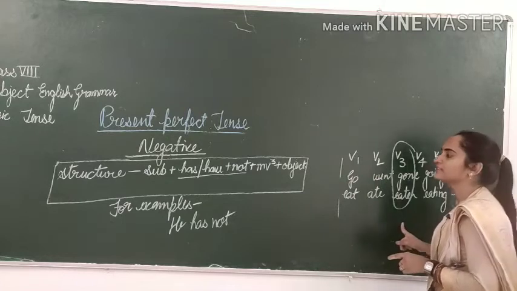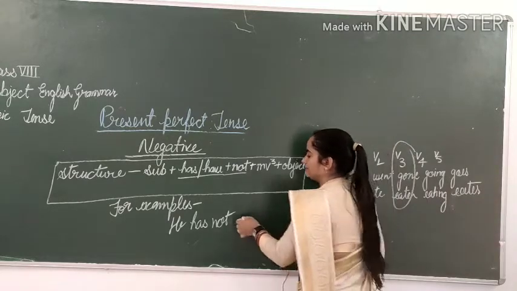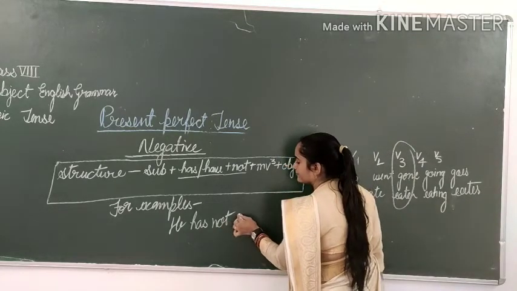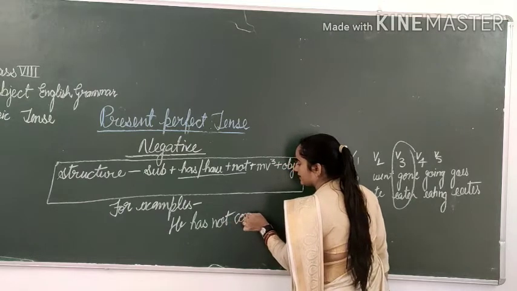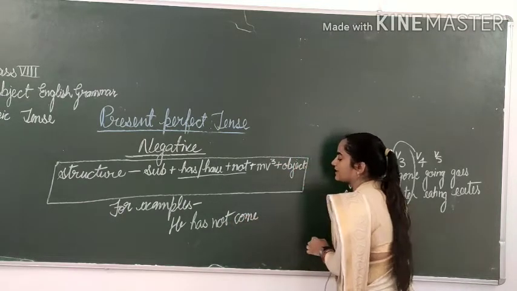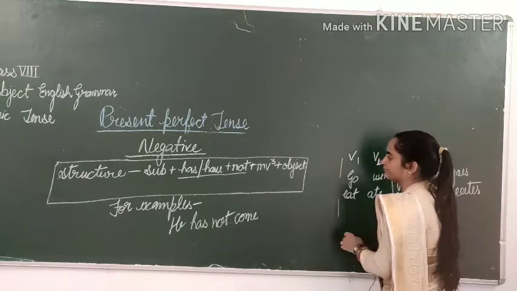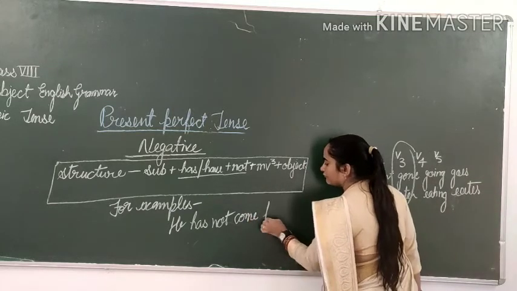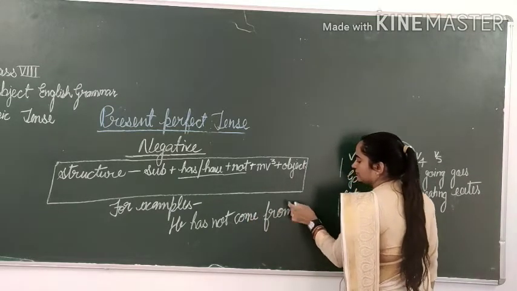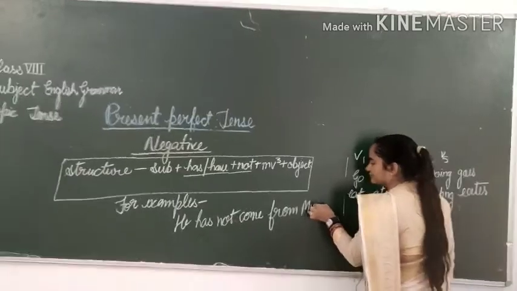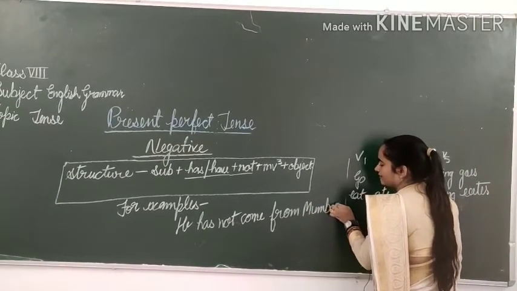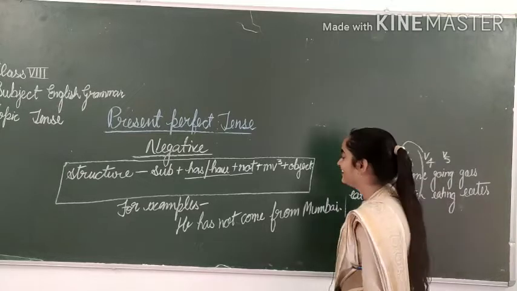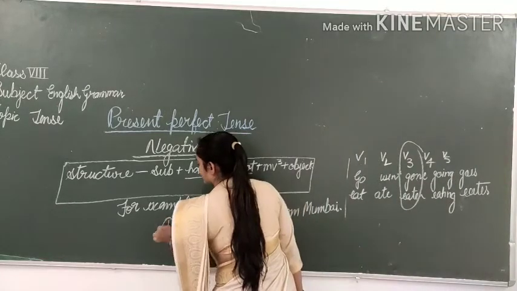MV3 means past participle. He has come. Come, came, come. He has come from Mumbai due to Corona, na? He has come from Mumbai.